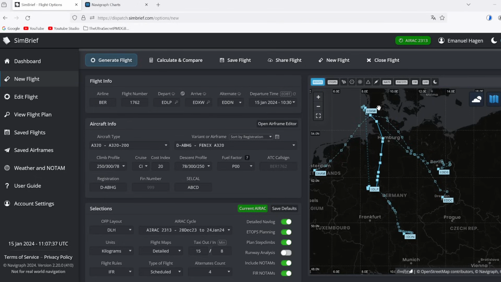Now, since we're talking about alternates, we first of all need to understand what minima we need to meet. I'm going to go into more detail on that towards the end of the video, but suffice to say that for now, if we just have a quick look into some very basic parameters, then we can already quickly determine much better alternates for our flight.